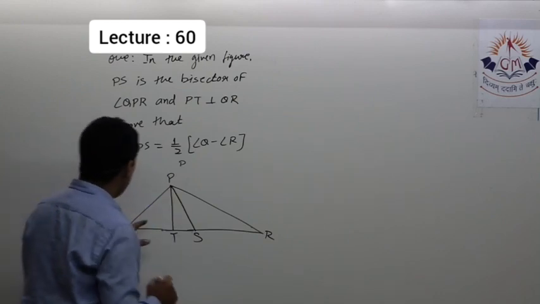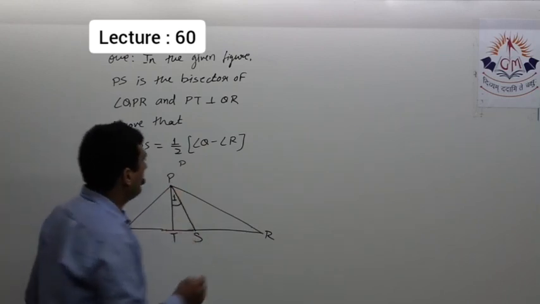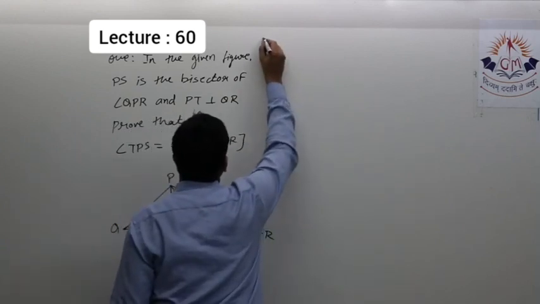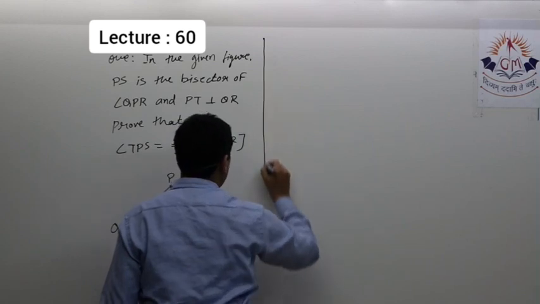Okay, so you have to prove angle TPS, I'm saying this angle TPS, angle 1, is equal to half of angle Q minus angle R. So let us see how to prove this.